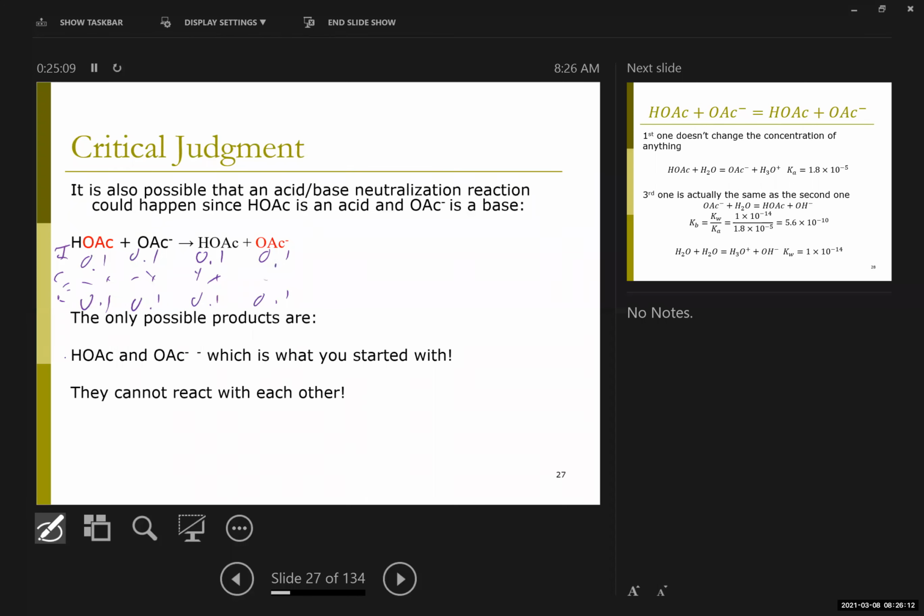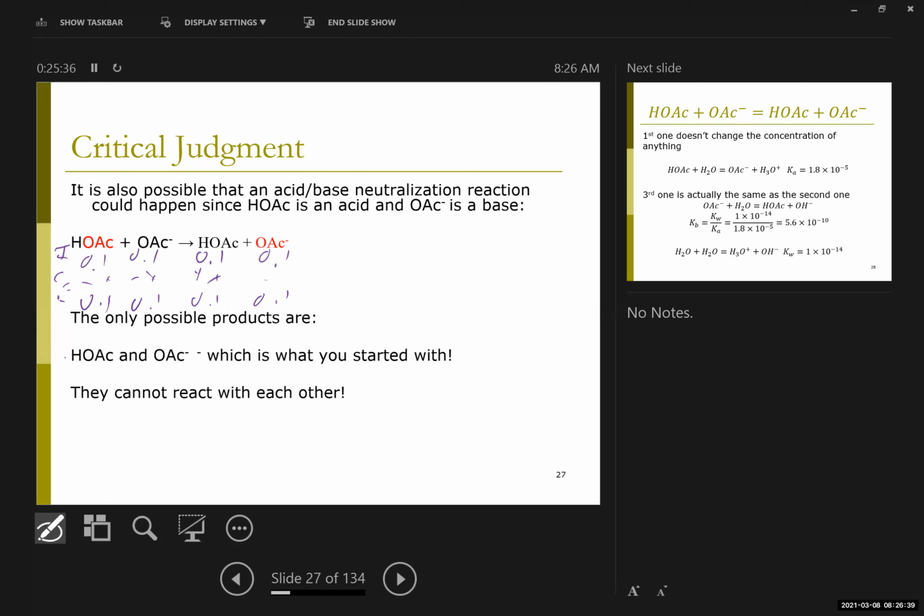It's a kind of unusual situation that happens every time you have an acid and its conjugate base, or a base and its conjugate acid. They technically don't know they're conjugates of each other if they bump into each other. But if they exchange a proton, you wouldn't notice, at least in terms of the total concentration.